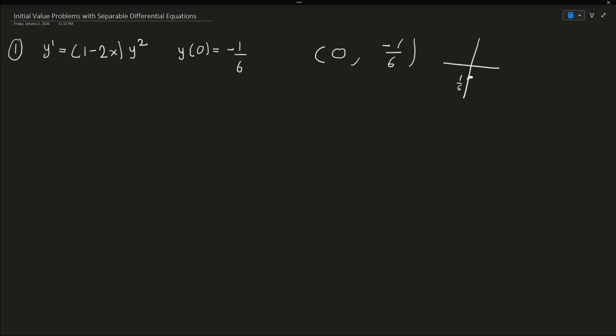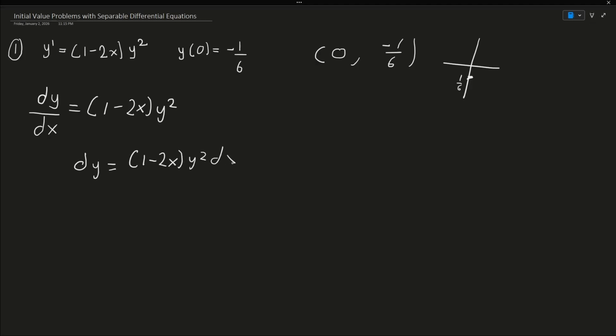So let's start by using the Leibniz notation. We would say dy over dx equals 1 minus 2x y squared. Awesome. You don't want this dx in the denominator, so you push it to the other side: dy equals, multiplying both sides by dx, 1 minus 2x y squared dx.